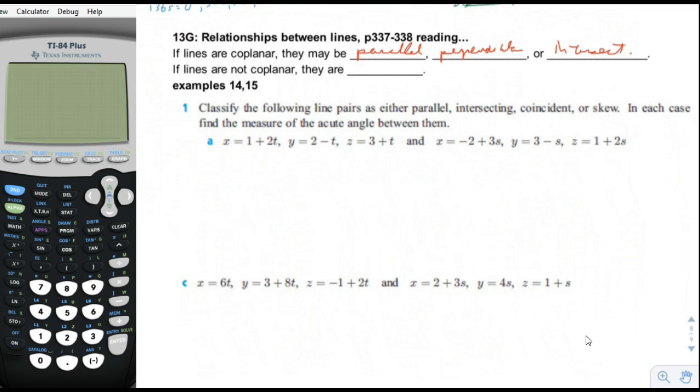If lines are not coplanar, they are skew. Okay, so skew is like, one line is going above here and the other line is kind of going down here, and they are separated by a distance there. Okay, imagine that in 3 dimensions. Calculate the following line pairs as either parallel, intersecting, coincident, or skew.